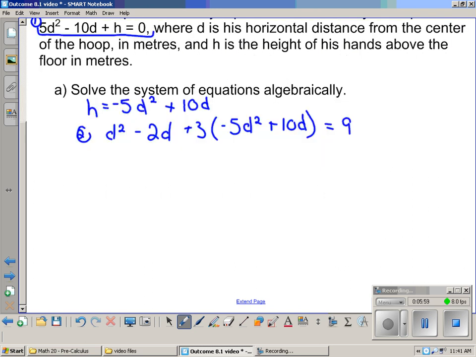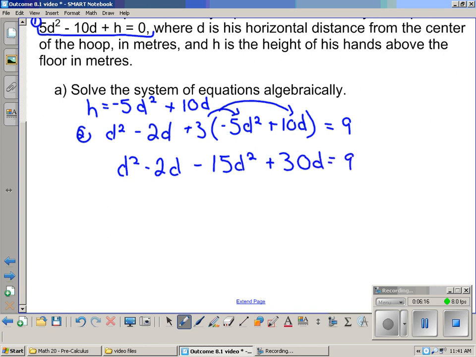Simplifying, I end up with d squared minus 2d. I need to distribute this 3 into each of these terms. So minus 15d squared plus 30d equals 9. Combining like terms, d squared and minus 15d squared gives me minus 14d squared.